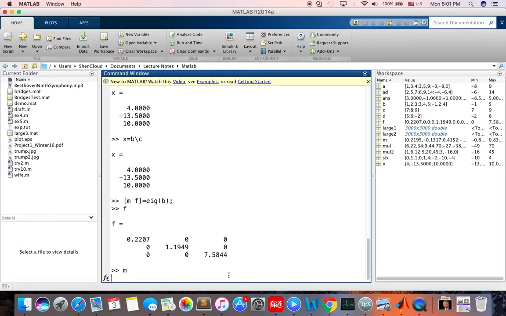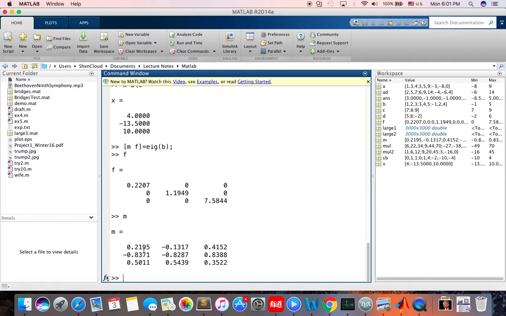And M is the 3 by 3 matrix with the three eigenvectors. So the first column is the eigenvector of B corresponding to the eigenvalue 0.2207, and the second column is the eigenvector corresponding to this eigenvalue. Third column is the eigenvector corresponding to this eigenvalue here.